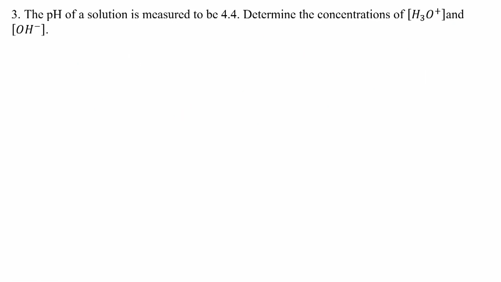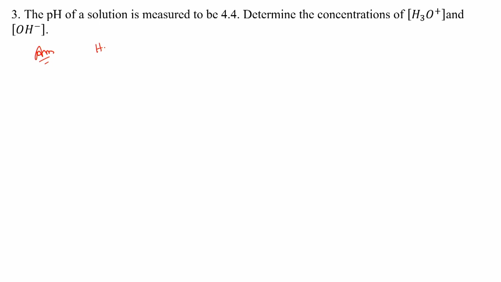Next problem says the pH of a solution is measured to be 4.4. Determine the concentration of H3O plus and OH minus. So here pH is 4.4. So we know pH is nothing but minus log 10 base concentration of H3O plus, right?